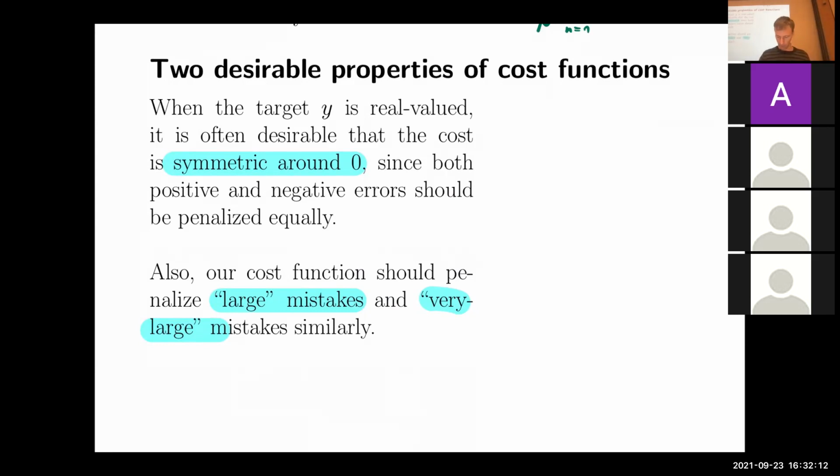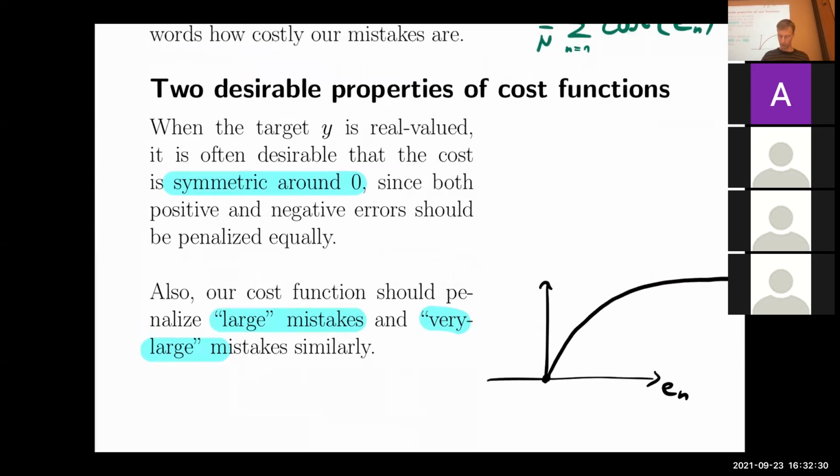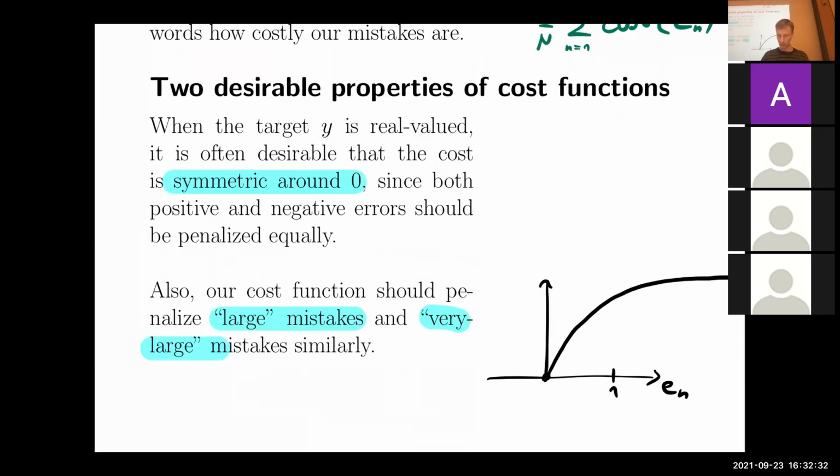often some cost functions, if you look at them dependent on the error, many of them look a bit like this, right? When you have zero error, then the cost is zero, and then at some threshold you will pay a cost here, and then if it's higher, you want it to go a bit more flat, because it doesn't matter anymore if I have an error of 1 million or if I have an error of 10.